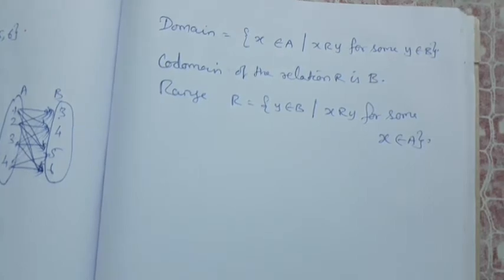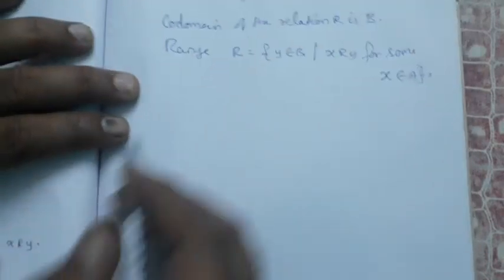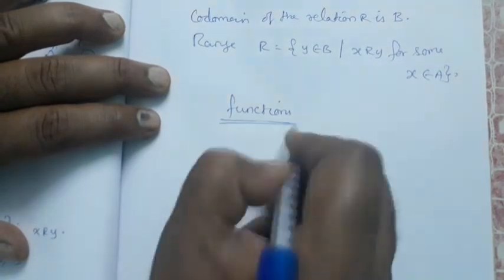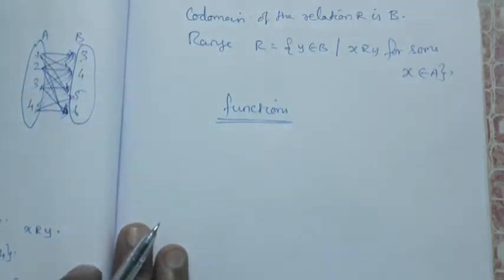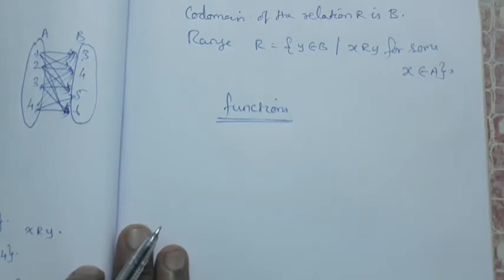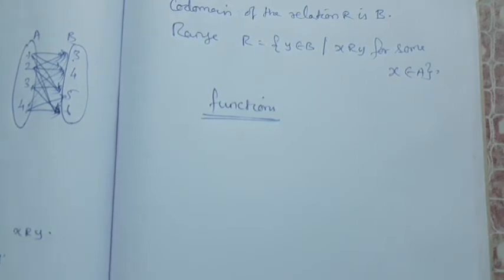Relations. Now we will move on to the next concept called function. It is the most interesting concept, functions. So what is a function? A relation f between any two non-empty sets X and Y is called a function from X to Y. For each x belongs to X, there exists only one y belongs to Y, such that (x, y) belongs to f.